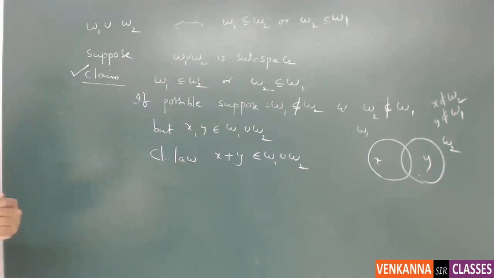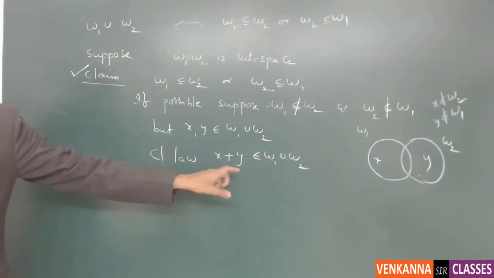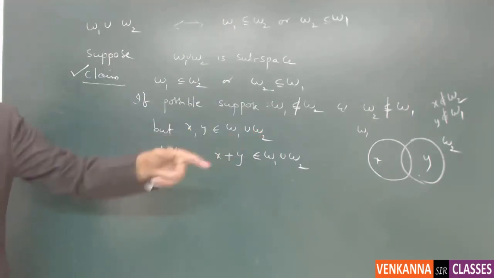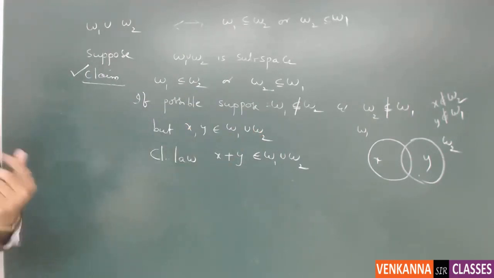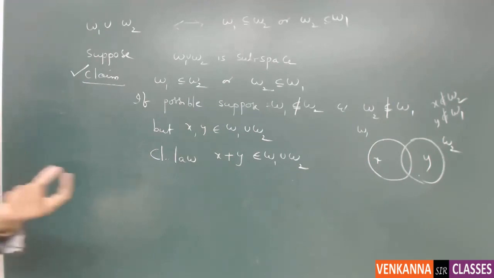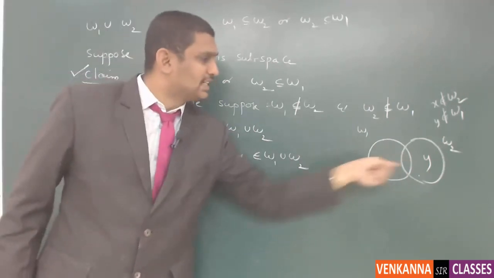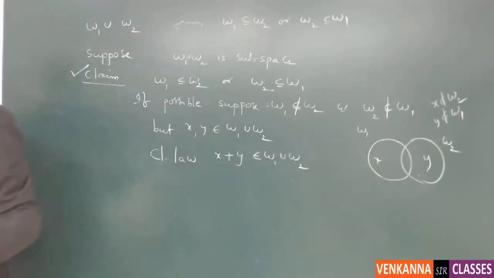Since the union is a subspace, if you add them up, the result also belongs to the union. So the result must belong to either of the sets. Agreed? So if you add X and Y, the result is X plus Y. That must belong to either W1 or W2. Accepted?